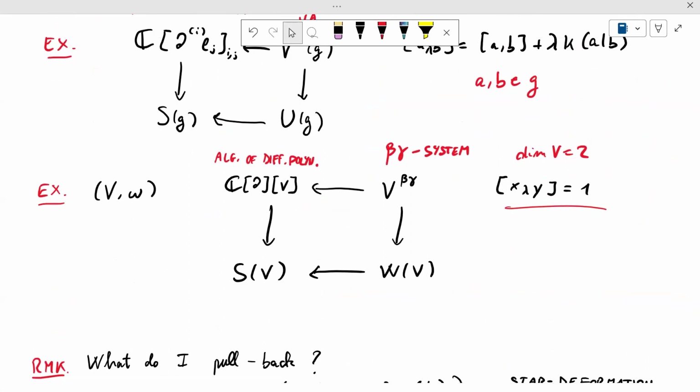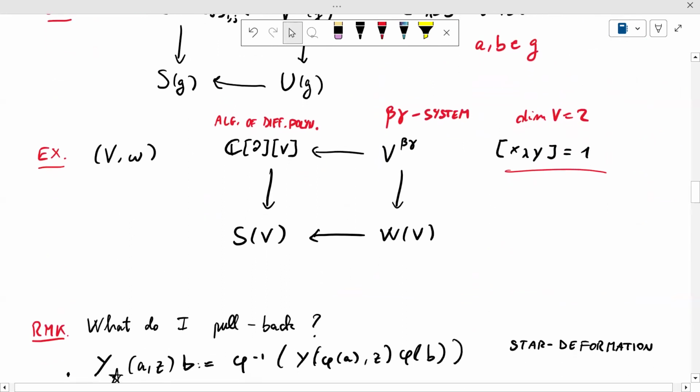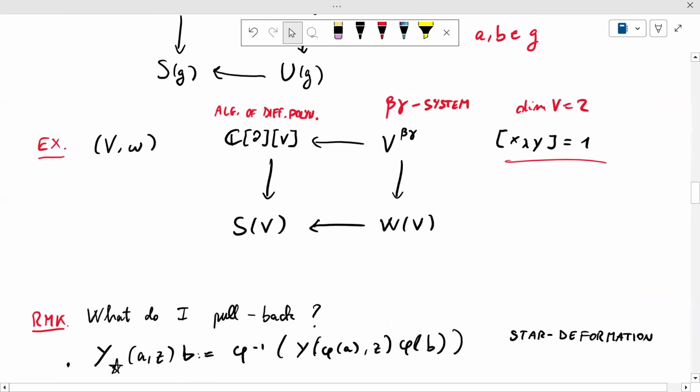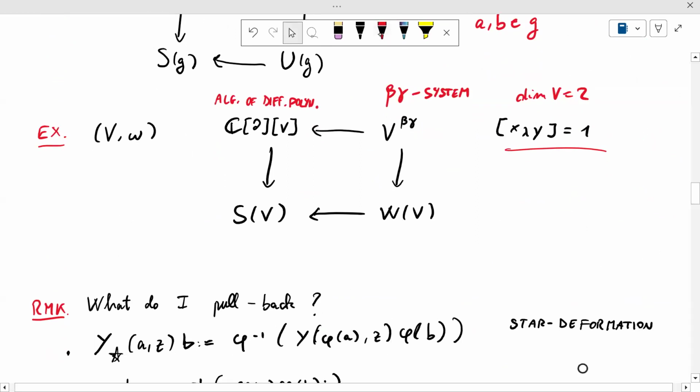Now for the vertex algebra, if we want to do the same, we know that the normally ordered product is not enough to write down the whole structure of the vertex algebra. So one would need to pull back all the infinite n products, so all the vertex operators, for example. And so we'll get something that we call the star deformation.